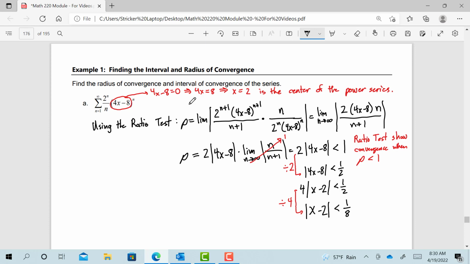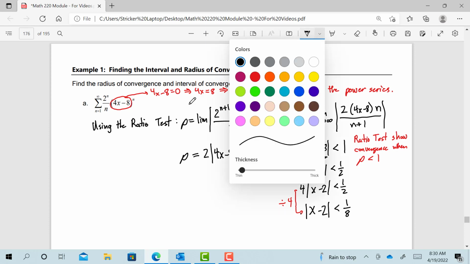Notice again here, we can really see what the center of the power series is, because when x is equal to 2, we get 0 inside this absolute value. And one other thing that is significant here: once you get the x minus or x plus or whatever you have inside the absolute value to this point, not at the 4x minus 8, where there's still a coefficient in front of the x, but once we clear that coefficient in front of the x, then whatever is on the other side is always going to be our r value.